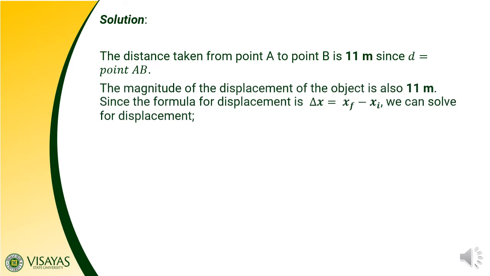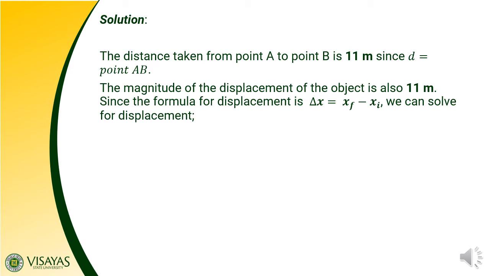So how about displacement? The magnitude of the displacement of the object is also 11 meters, since the formula for displacement is change in x is equal to xf minus xi. We can solve for displacement. So meaning, the symbol for displacement is this delta x or change in x, in which change in x is equal to final position minus initial position.